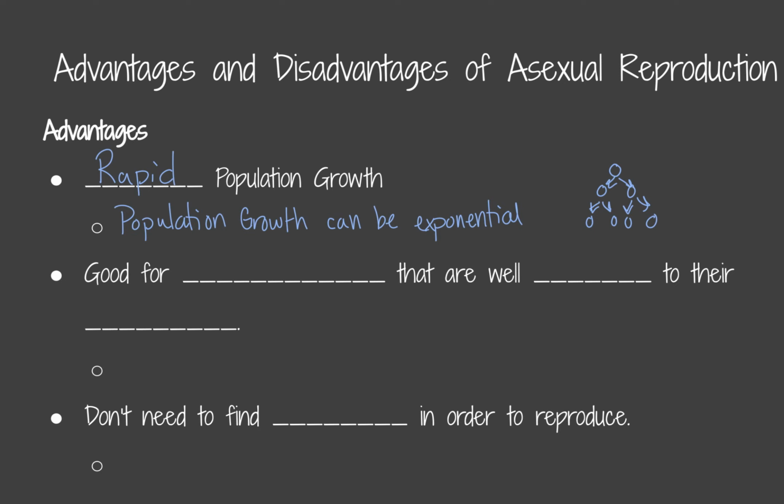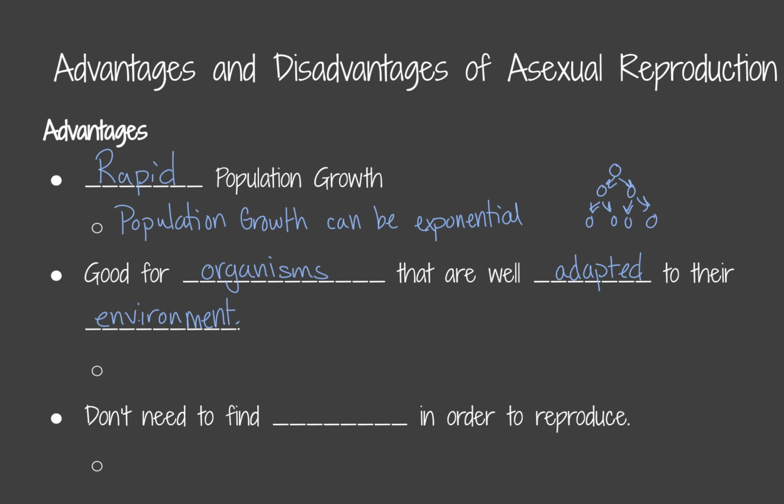The other way that this can be very good is for organisms that are already well adapted to their environment. And the reason why this works is because all the offspring are identical, they will all be well adapted to their environment.